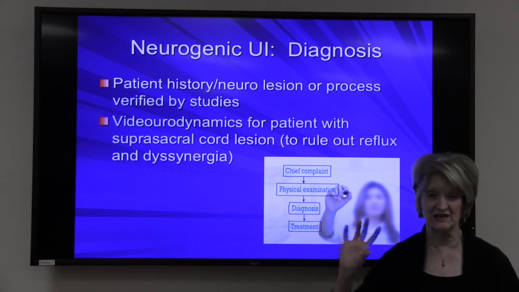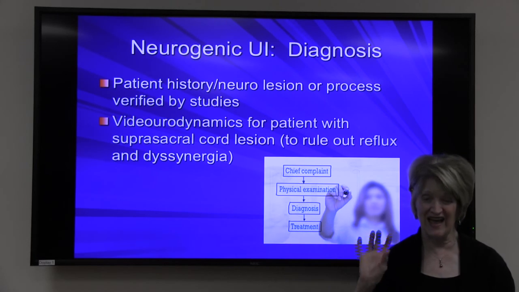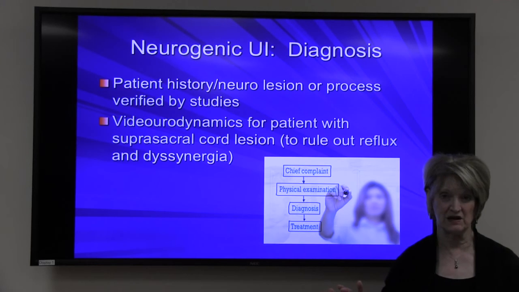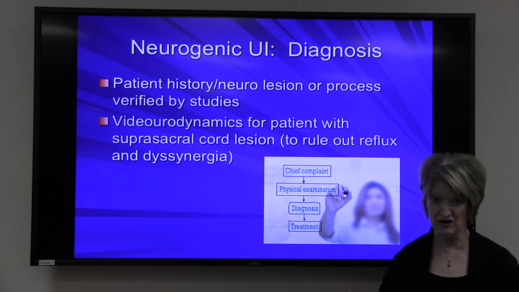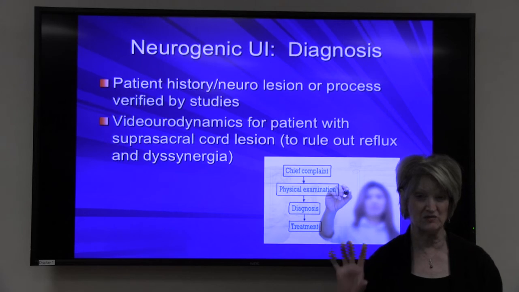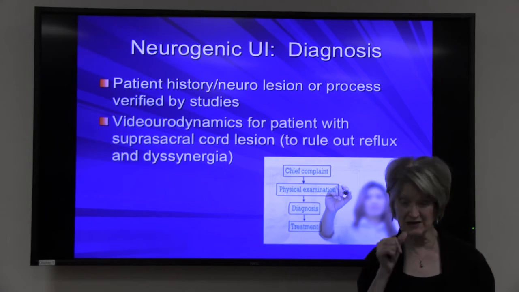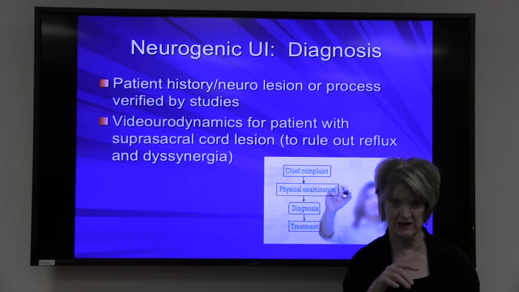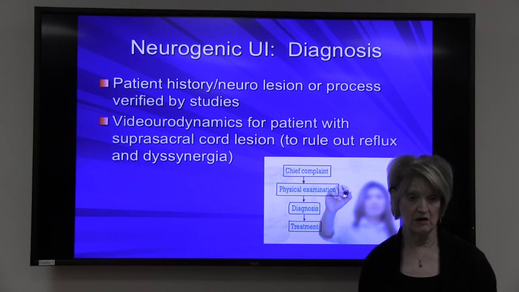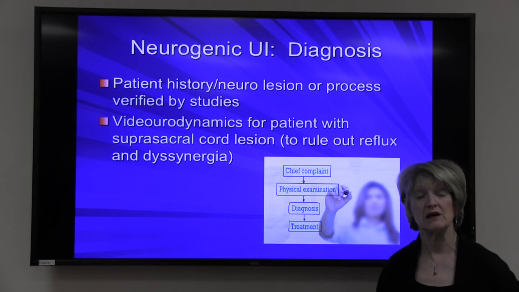So if the patient has that suprasacral cord lesion, I have to do video urodynamics. Really helpful for any patient with a neurologic lesion, but essential for a patient with suprasacral. And we'll come back to that when we discuss assessment and exactly what you get from video urodynamics.